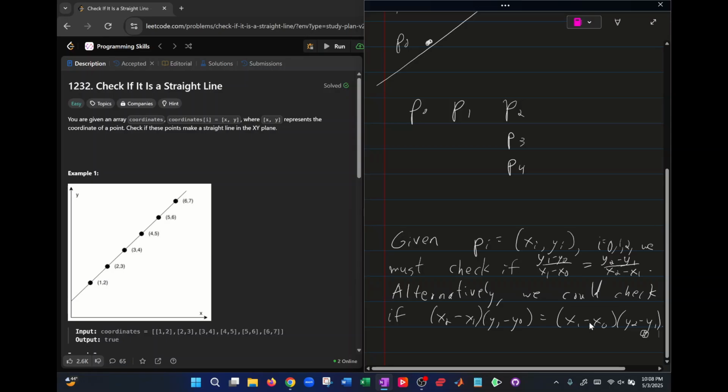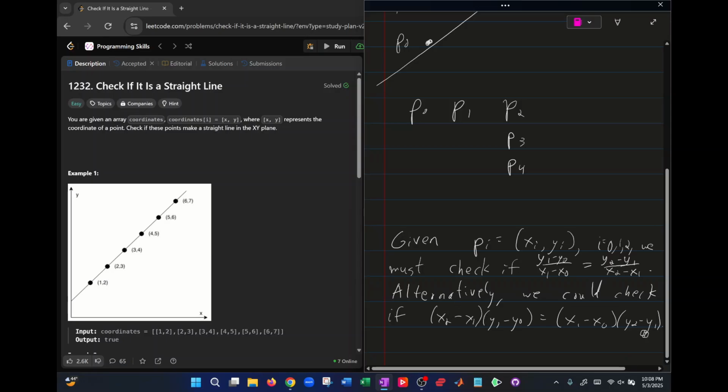If this equation is 0, then either x1 equals x2, in which case we need to check if one of these things on the right here is 0.